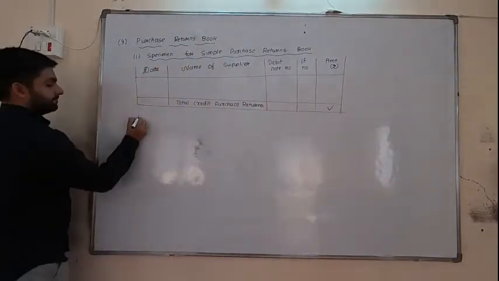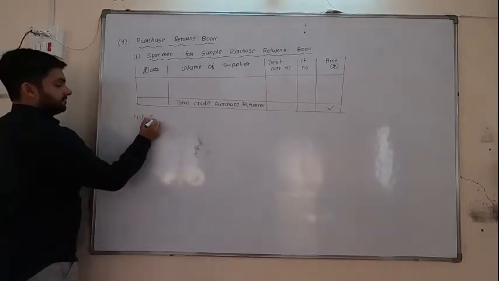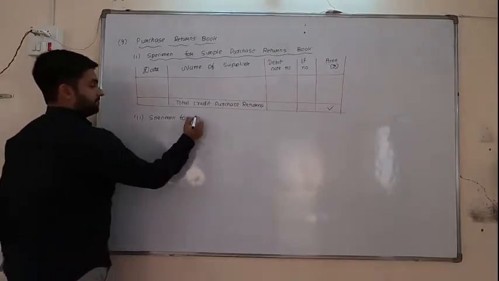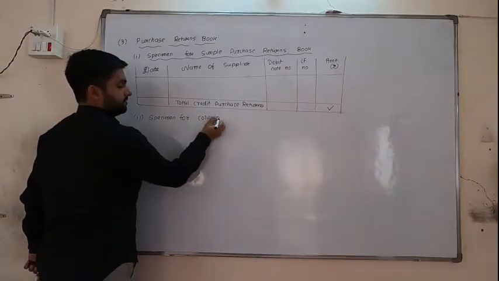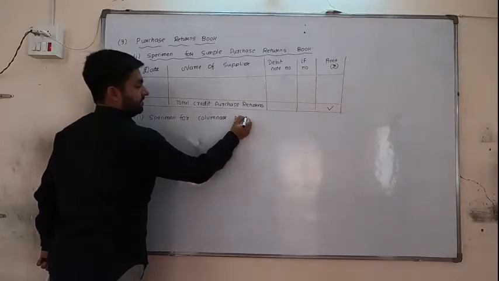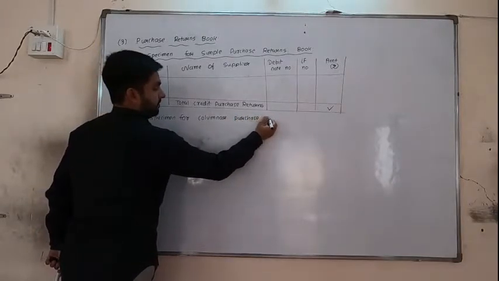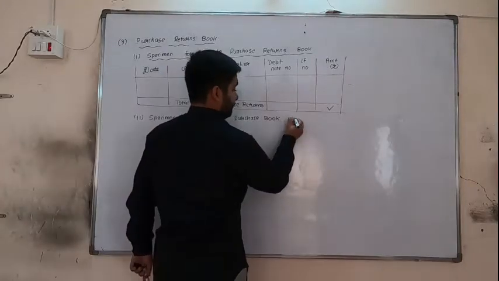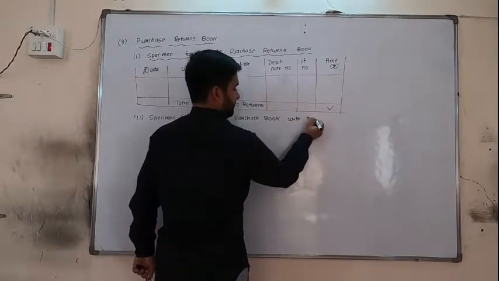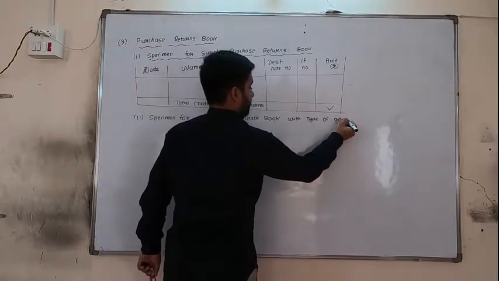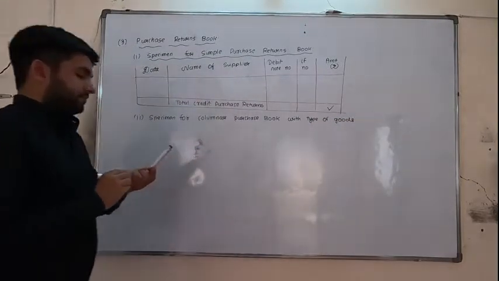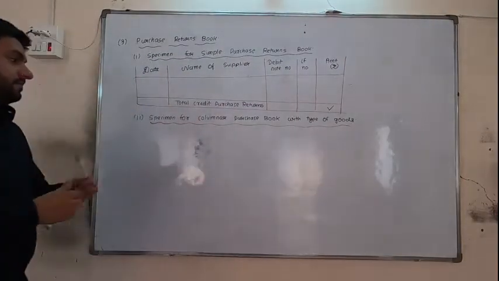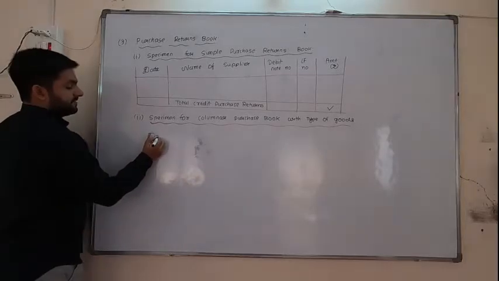In the same way, number 2, specimen for columnar purchase book with type of goods. Okay, same columns and little change, as you know.